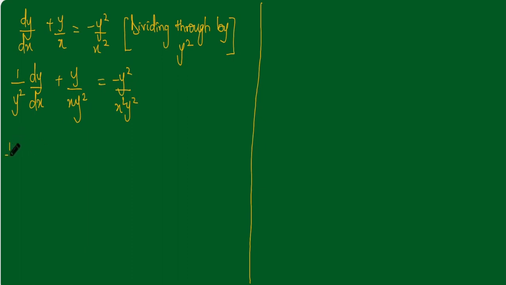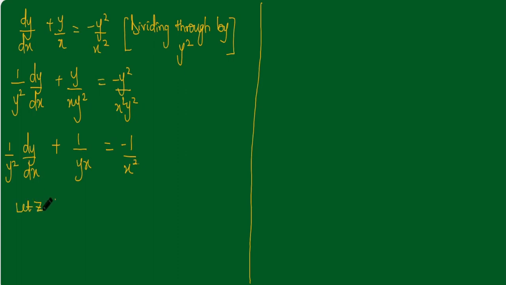You can simplify this to become 1 divided by y squared dy/dx plus 1 all over yx is equal to minus 1 divided by x squared.